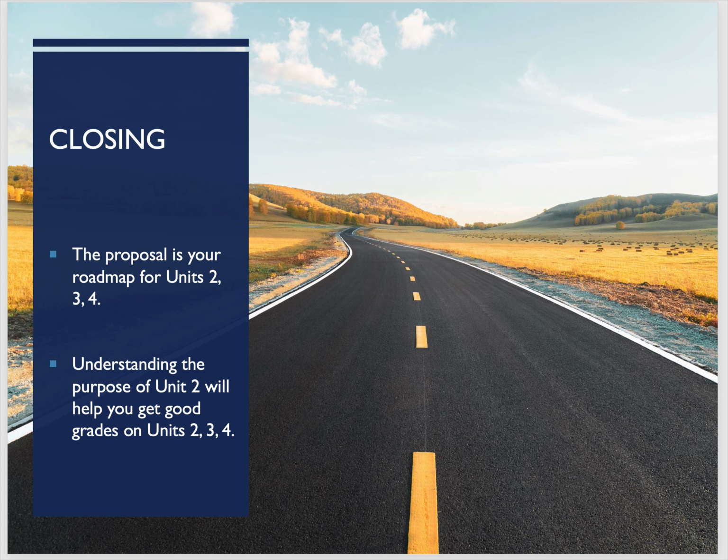Understanding the purpose of Unit 2 and where it falls into this plan will help you get a good grade on all 3 units. So it's the vast majority of your grade. If you can get your understanding of Unit 2 clear, then you'll include the right information in Units 2 and 3 and 4, and you are setting yourself up for success with these units. Again, the vast majority of the grade is Units 2, 3, and 4.